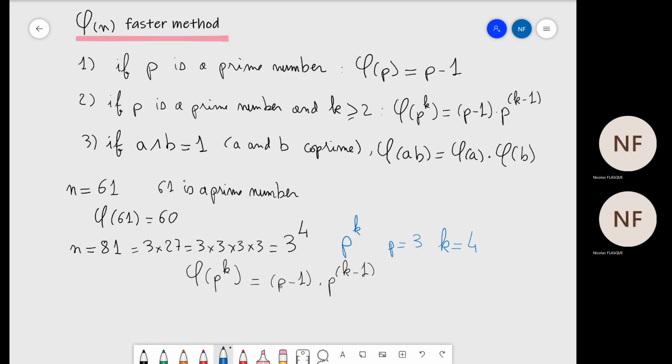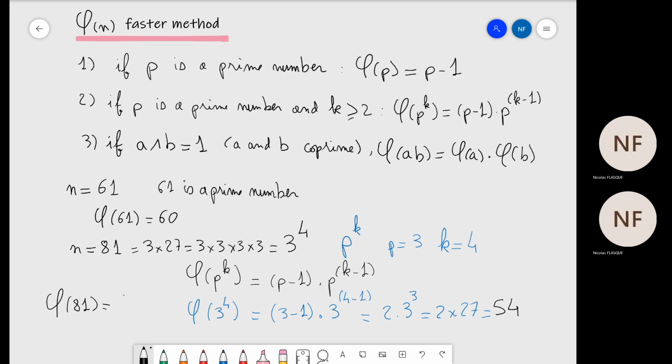So here we just have to replace p by 3 and k by 4, so that phi of 3 to the power of 4 is 3 minus 1 times 3 to the power of 4 minus 1, which is equal to 2 times 3 to the power of 3, which is 2 times 27, which is equal to 54. So phi of 81 is equal to 54.